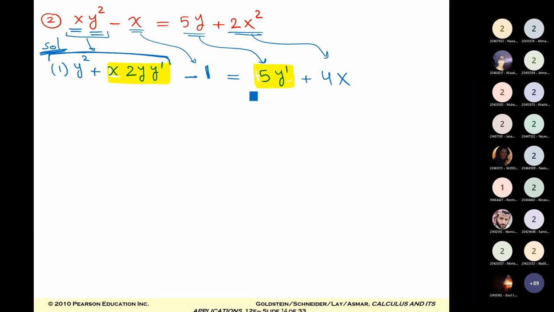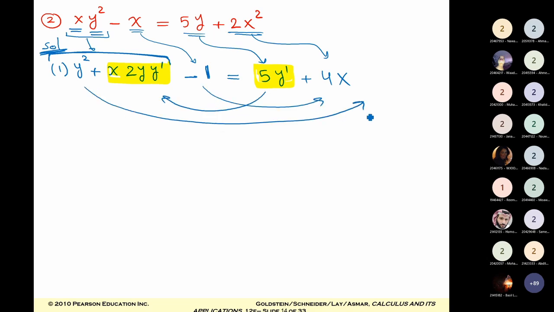نكمل. So move the 5y here, move -1 and y square here.